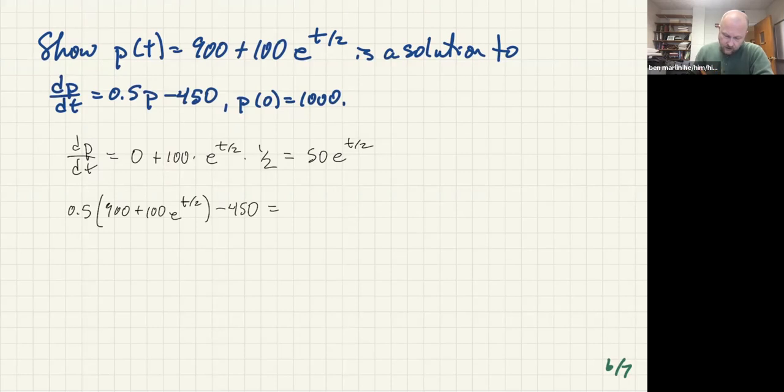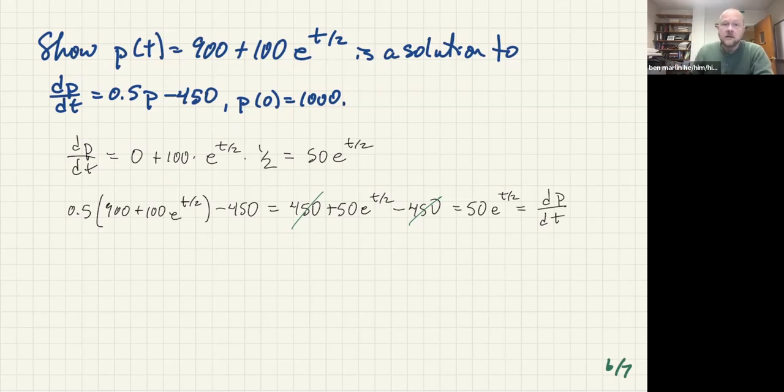So this is equal to 450 plus 50 e to the t over 2 minus 450. And we get the nice cancellation there. And so this is 50 e to the t over 2, and that was what we got for dp dt.